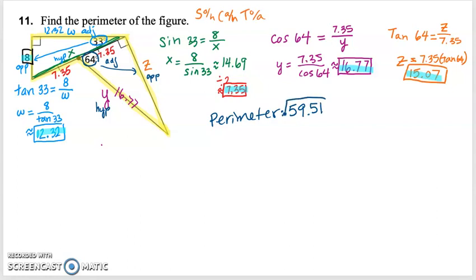And there aren't specific units, so just 59.51. And it doesn't specify what to round to, so I'm going to leave it in hundredths and not go higher than that and round to a whole number or anything like that.